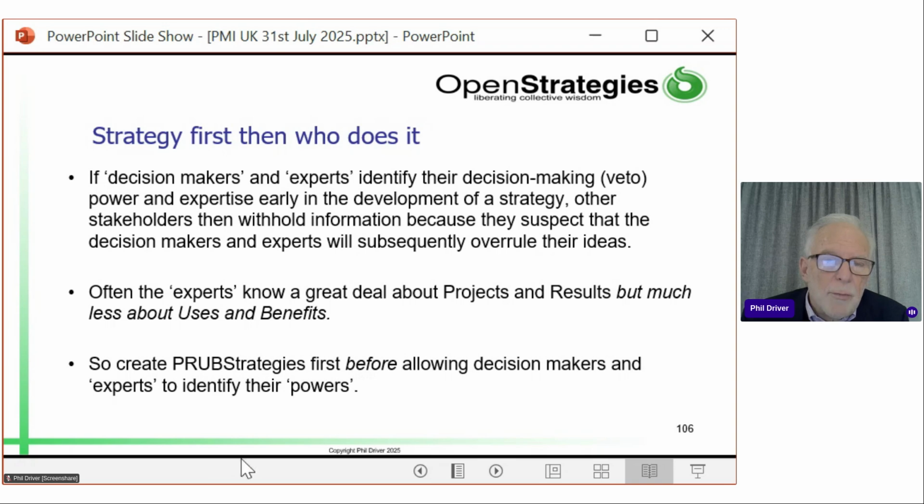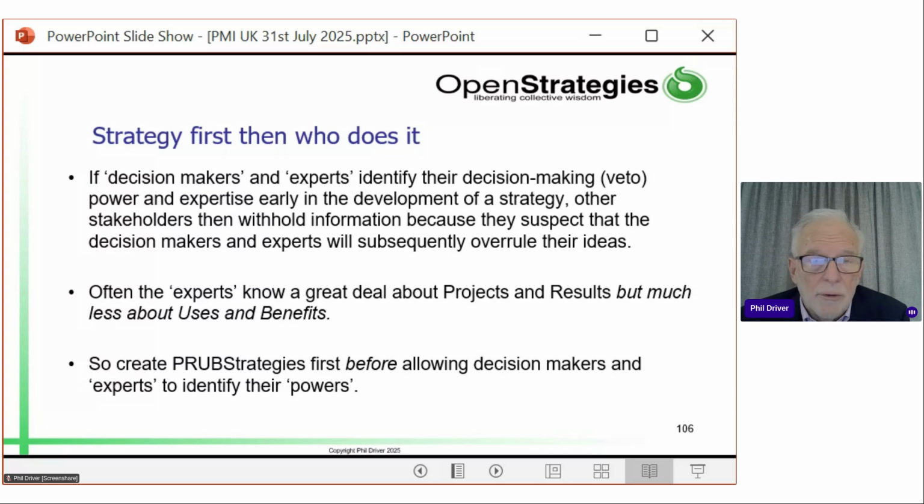So create your PRUB strategies before allowing people to identify their roles. And what I find is that by doing that, the experts do what I call earn the right to lead. If you are seen as putting good ideas up all the time, gradually people will defer to you and you become awarded the title of expert rather than claiming the title of expert.